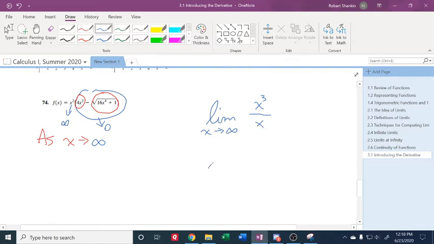If you had it in reverse, x to the second over x to the fifth, the higher power in the denominator, then this is going off to infinity, this is going off to infinity, but the whole thing is going to 0 because the denominator is going off to infinity faster than the numerator is. It depends on which is going to its destination at a quicker rate.